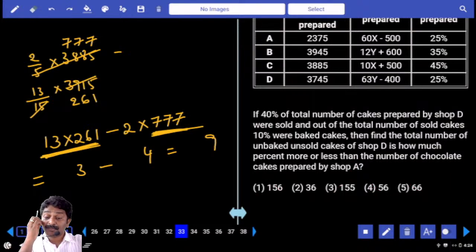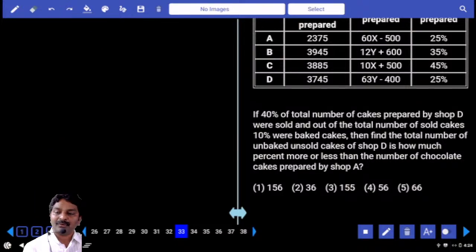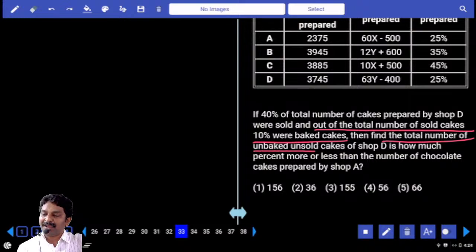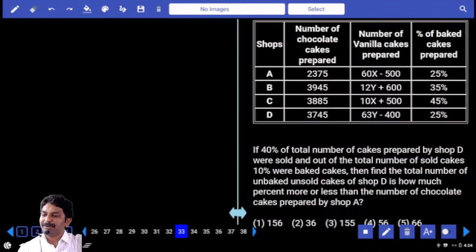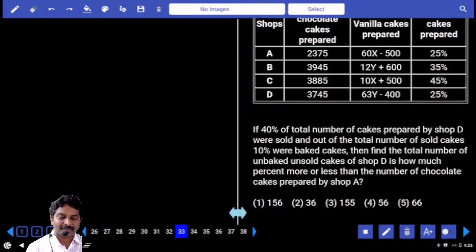33. If 40% of the total number of cakes prepared by shop D were sold, and out of the total number of sold cakes, 10% were baked cakes, then the total number of unsold cakes of shop D is how much percentage more or less than the number of chocolate cakes prepared by shop A?